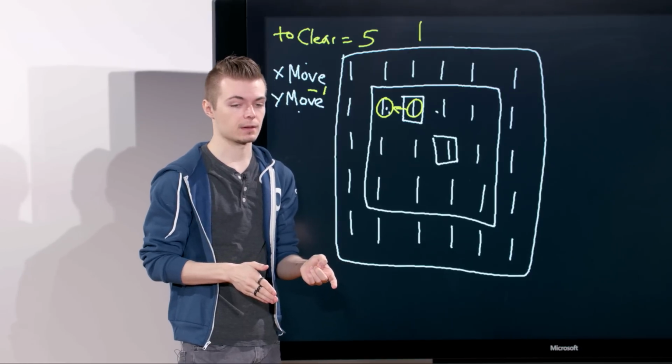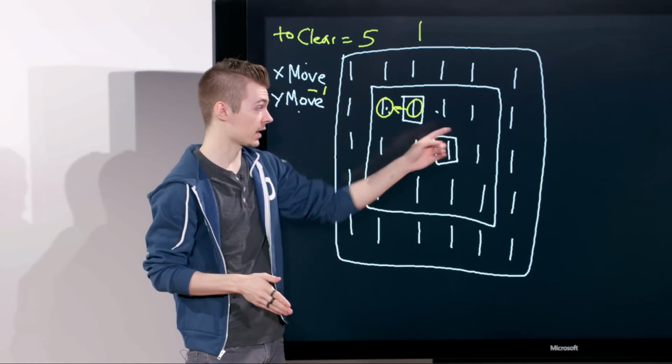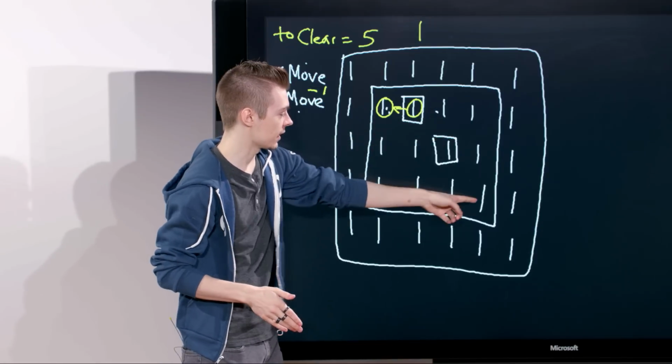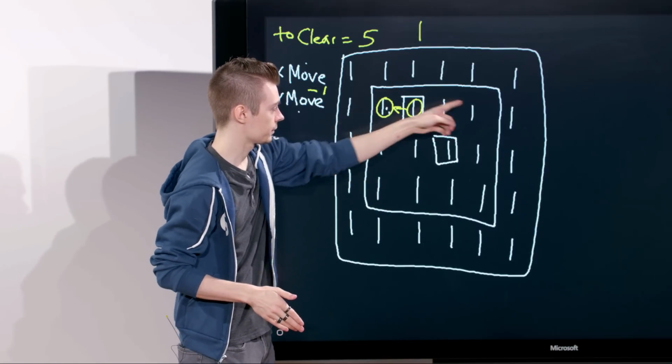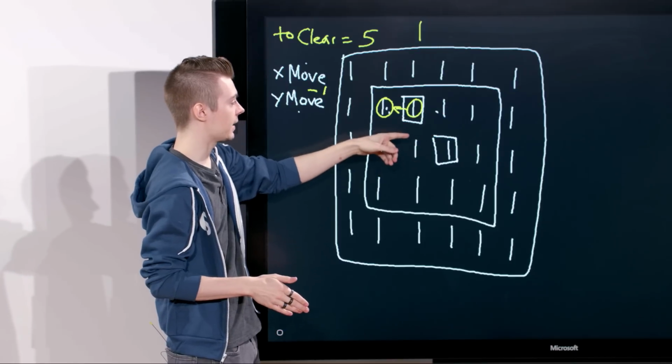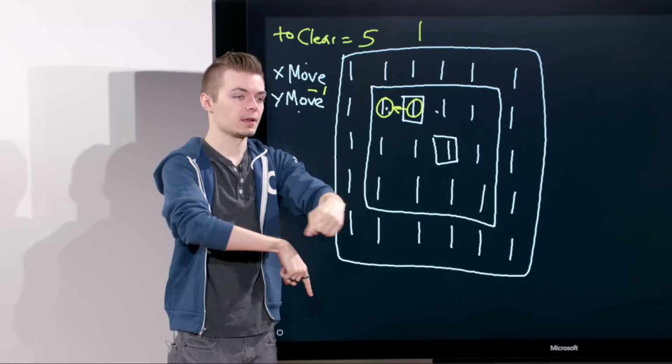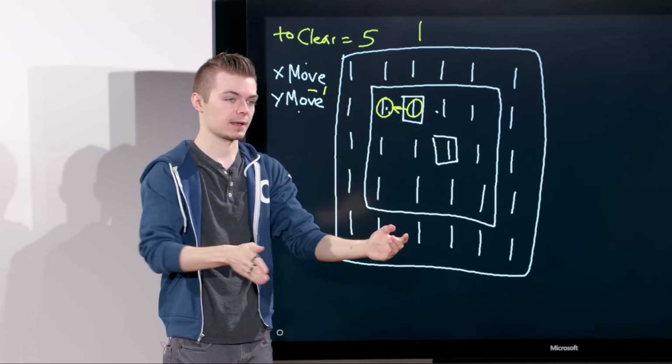You mean hit the side of the maze? That's what I mean. Yeah, because if you did that, it might work in some cases, but it would be very long hallways and not a lot of turns or anything like that.